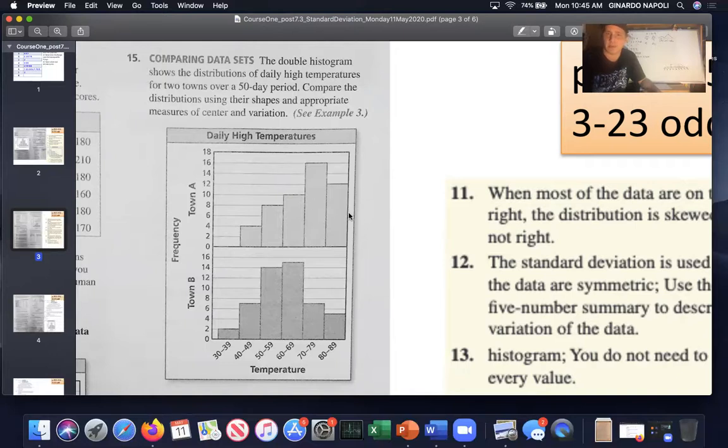So town A will, on average, have higher temperatures than town B. And if you look at town A, it's skewed left, more data values to the left of the mode, whereas town B, it could be skewed left, but both of these two are so close to each other. Town B is roughly symmetrical, again, because these two are so close to each other, and so to the left and to the right, those 2 bars are roughly the same. So this is somewhat symmetrical.